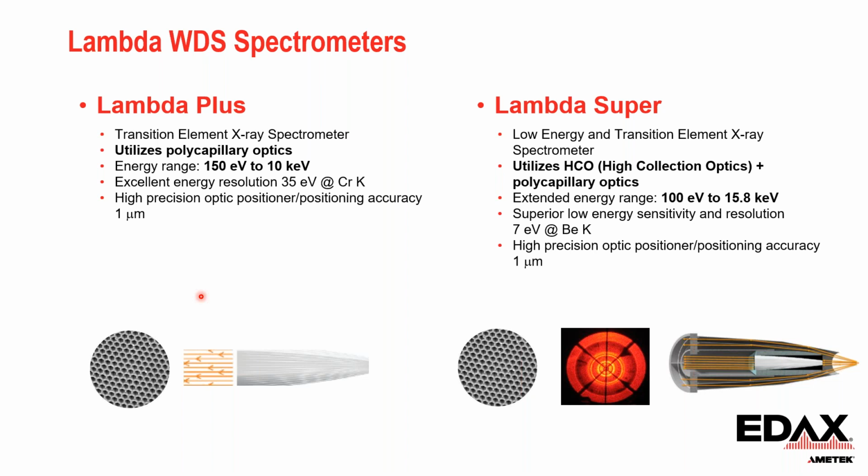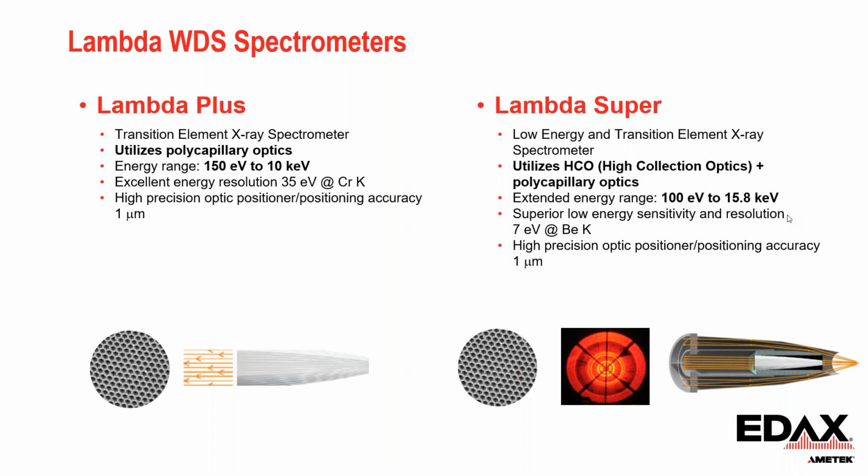Lambda Plus utilizes polycapillary optics. The energy range is from 150 eV to 10 keV. It has excellent energy resolution for transition elements. The Lambda Super is a higher-end model.